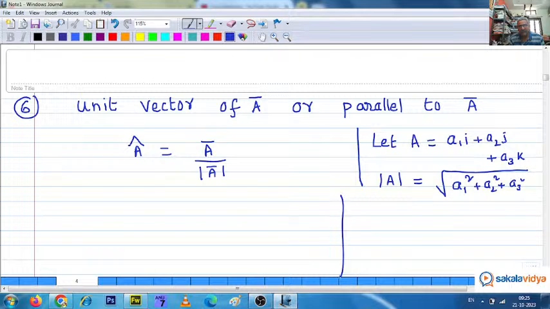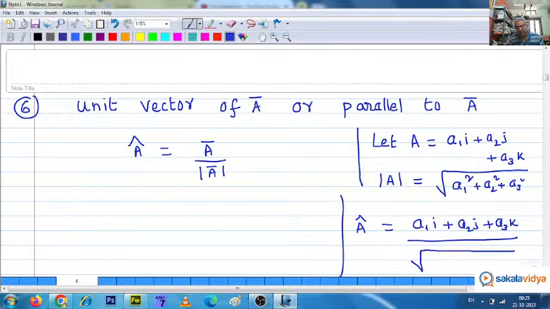So A cap is equal to A1i plus A2j plus A3k upon root of A1 square plus A2 square plus A3 square.